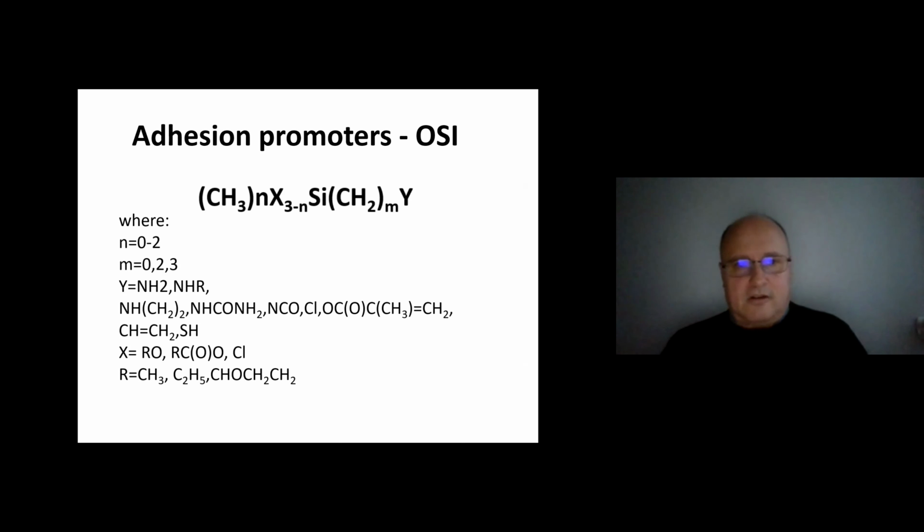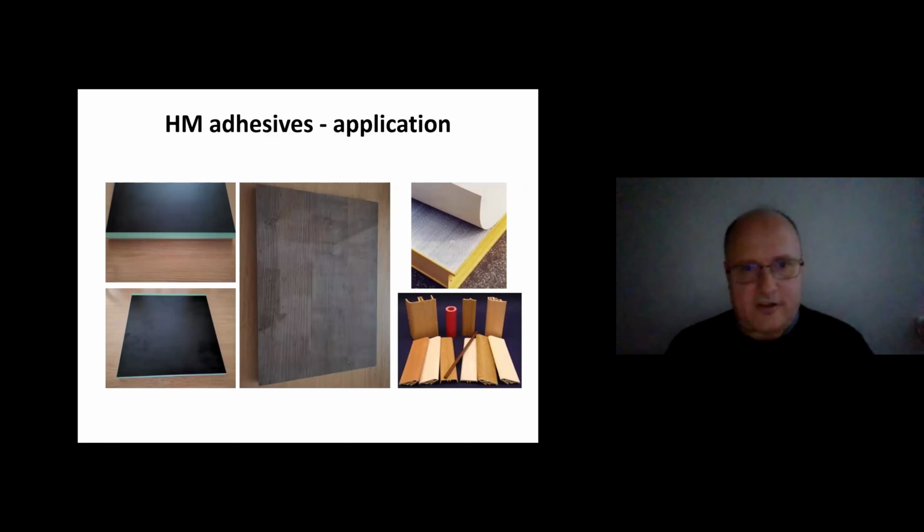I tell you only basic formulas, organo-functional silanes. Silanes improve quality, can be used in different industries. You can see different connections, and everyone can select something interesting for their investigations, research.